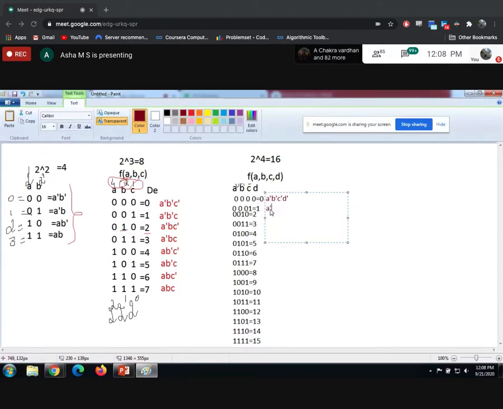So A bar, B bar, C bar, D. Next we have decimal 2. Decimal 2 means A, B, D are 0. Only C is 1. So A bar, B bar, C, D bar.